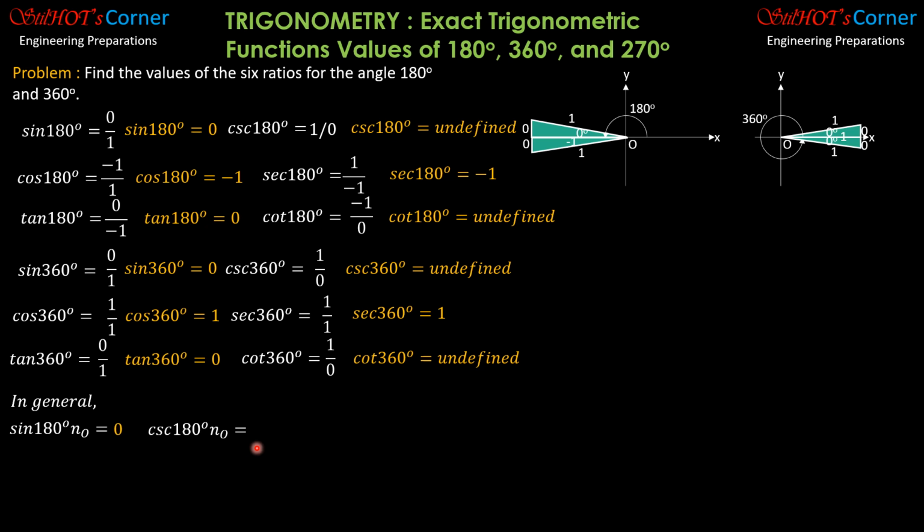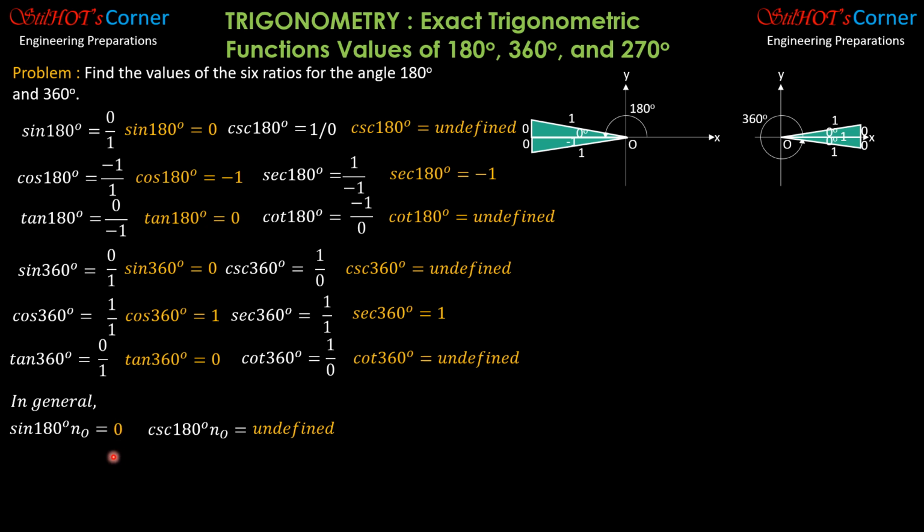Cosecant of 180 degrees N sub O, because N sub O is supposedly odd, so times 3, 180 times 3, that's 540 degrees, and it is undefined.